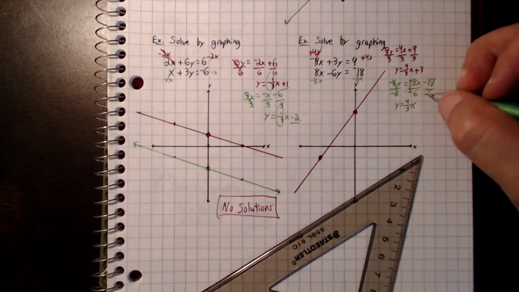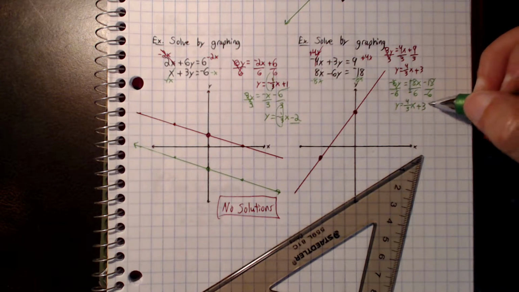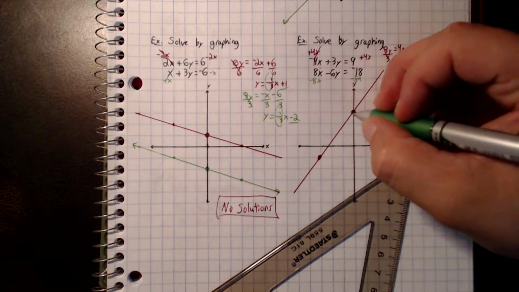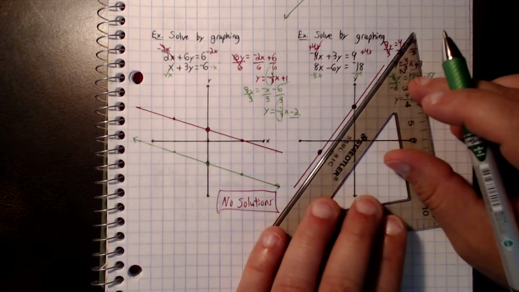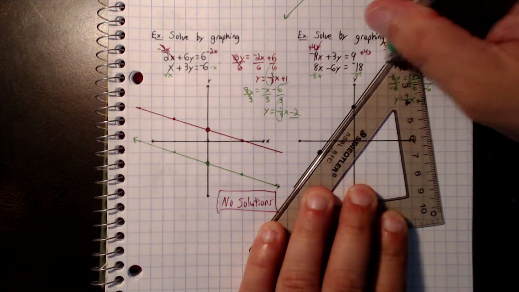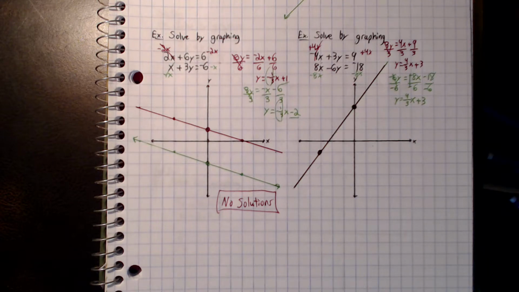And -18 divided by -6 is +3. So look at that. It's the same equation, right? Same y-intercept and slope. So here's my y-intercept. That gives me the next point according to my slope. And there you have it. The same exact line, same equation, same line.